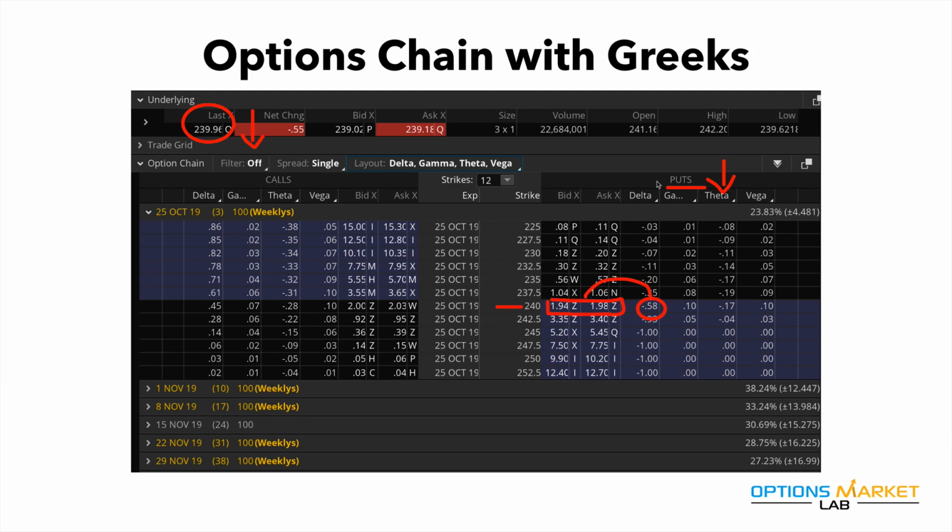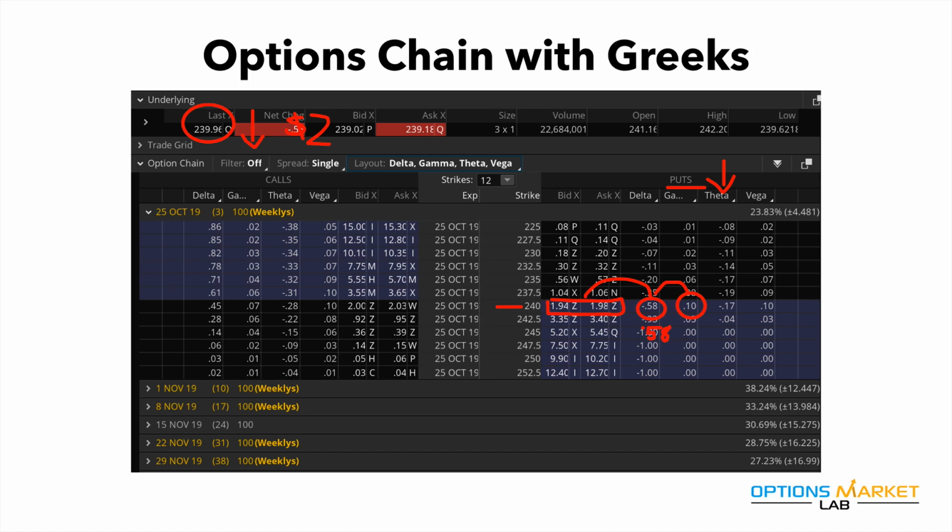But if the stock price jumps up $1, we take out 58 cents from our premium. So let's say our stock price moves up $2. If it moves up $2, we add 58 cents 2 times plus the gamma onto our premiums. Now that is how much return we are making on each contract.